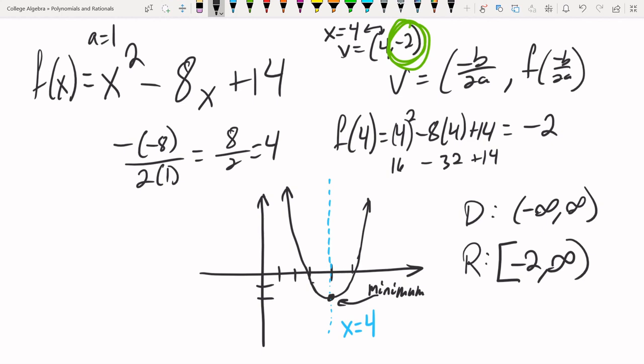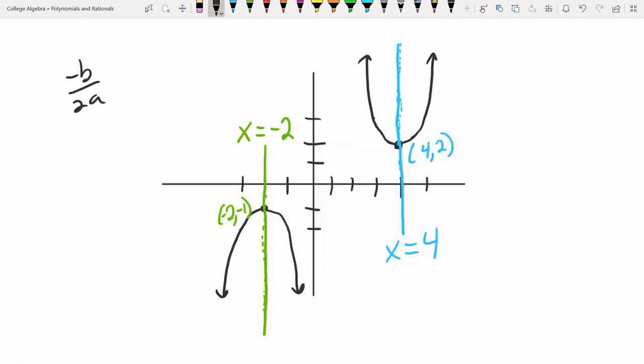In fact, for all of the quadratics we've done, to find the domain and range, the domain is everything, always. And the range is, if it's a minimum, you start there and go up to infinity. If it's a maximum, you go from -infinity up to that range point. So for instance, back here, for this one, the domain is always that. For the range, you can see that this is an opened up parabola, which means this is a minimum point.